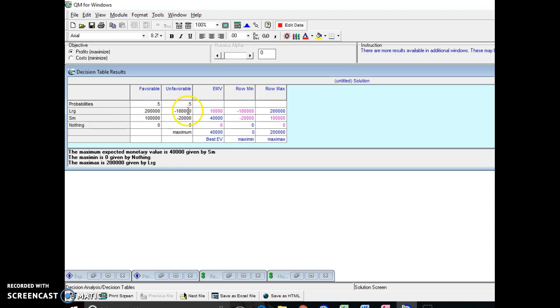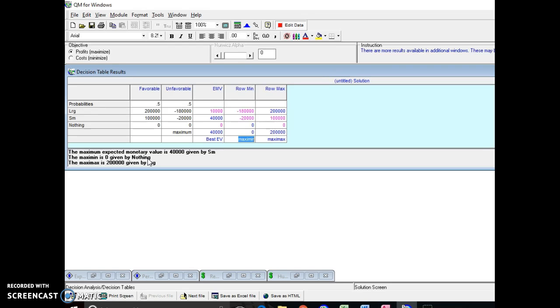So of course, negative 180,000 for the large plant, negative 20,000 for the small, and 0 for doing nothing. And then we simply take the largest of these, which is 0. So our maximin value is 0. And actually it just says, and our answer is to do nothing at all. Again, this provides a quick overview.